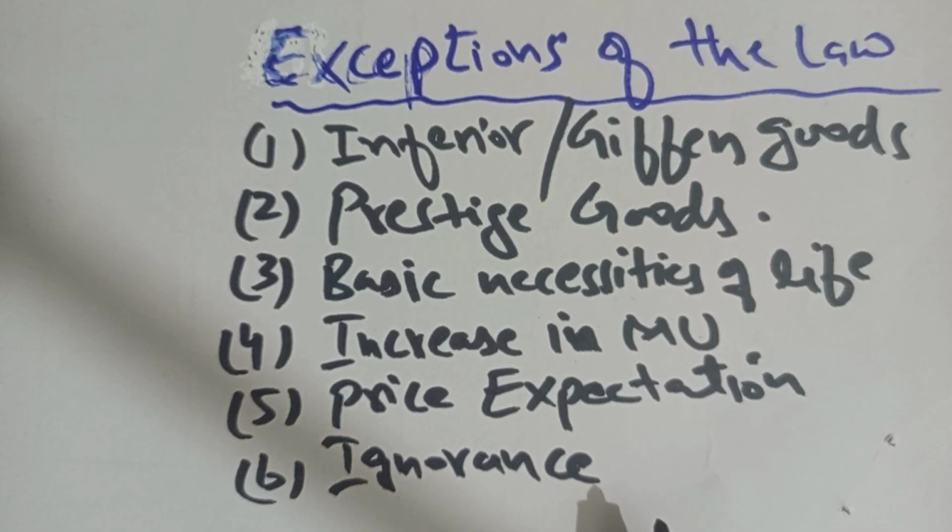He does not know about the benefit or loss of the commodity. So in all these cases, the law of demand will not operate. These are all called the exceptions of the law of demand.